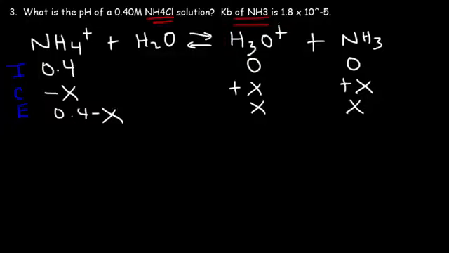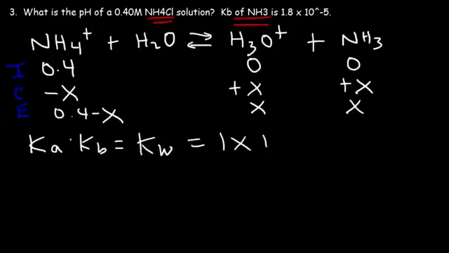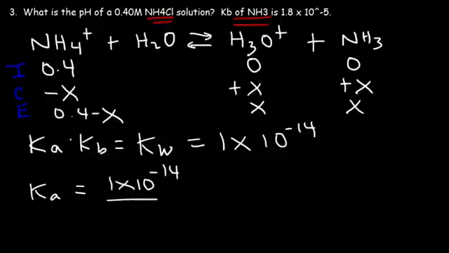So we have a weak acid in the solution, we need to use Ka, but we're given Kb. So how can we find Ka from Kb? Ka times Kb is equal to Kw, which is the autoionization constant of water, and that's equal to 1 times 10 to the negative 14. So therefore Ka is basically equal to that number divided by Kb.